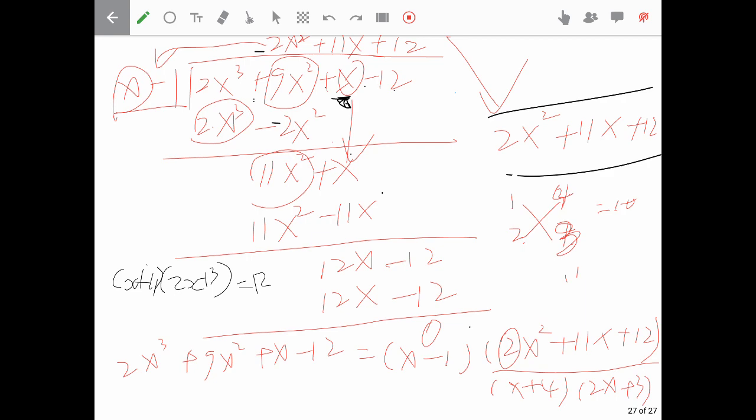You see, the question is like here equals 0. You take 12 to the left, so that makes minus 12 equals 0, right? Then you factorize the left hand side.